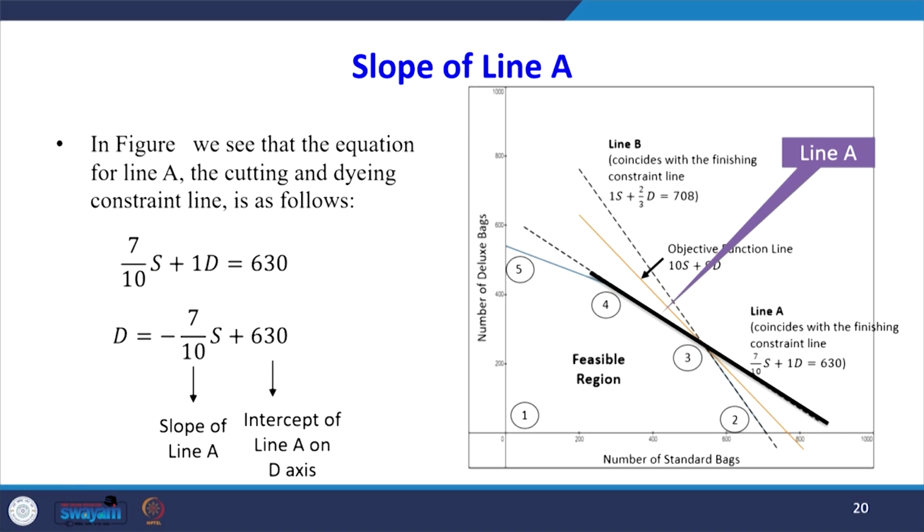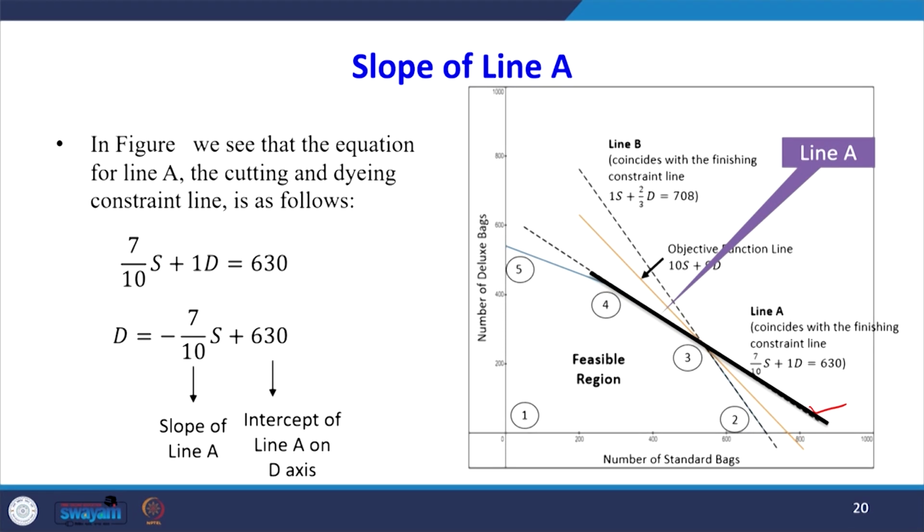In the given figure on the right hand side, we see the equation for line A, the cutting and dyeing constraint line. It is written as 7/10 S plus 1D equal to 630.